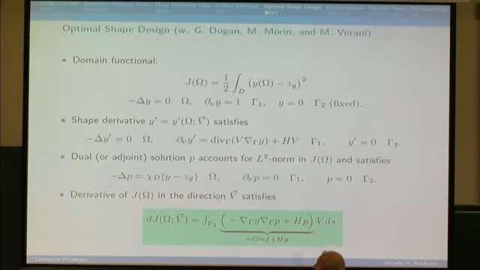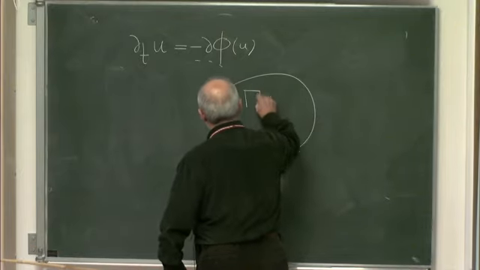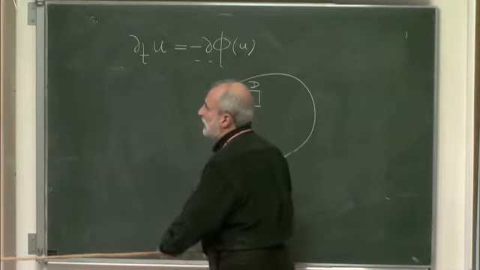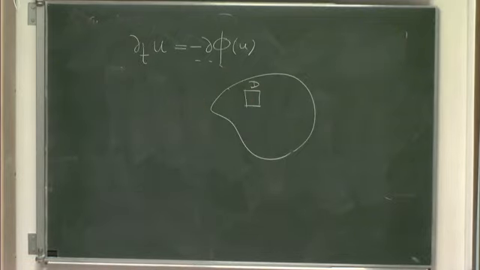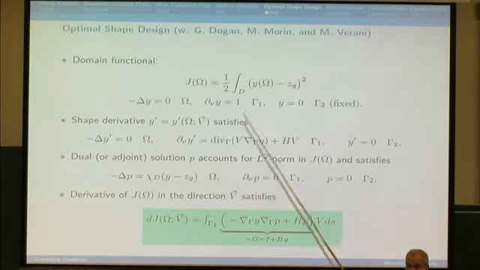Well, here is another example. I'll go very quickly over it. Here you have a domain functional where, let me erase. Say you have a domain, and you have a portion of the domain, which I call D, where we want our solution to best match a given function Z, in the least square sense.